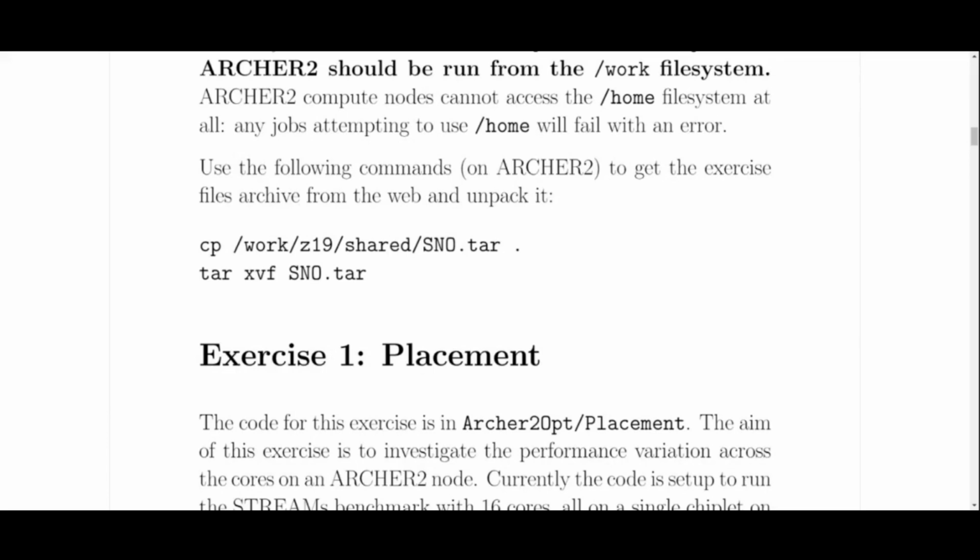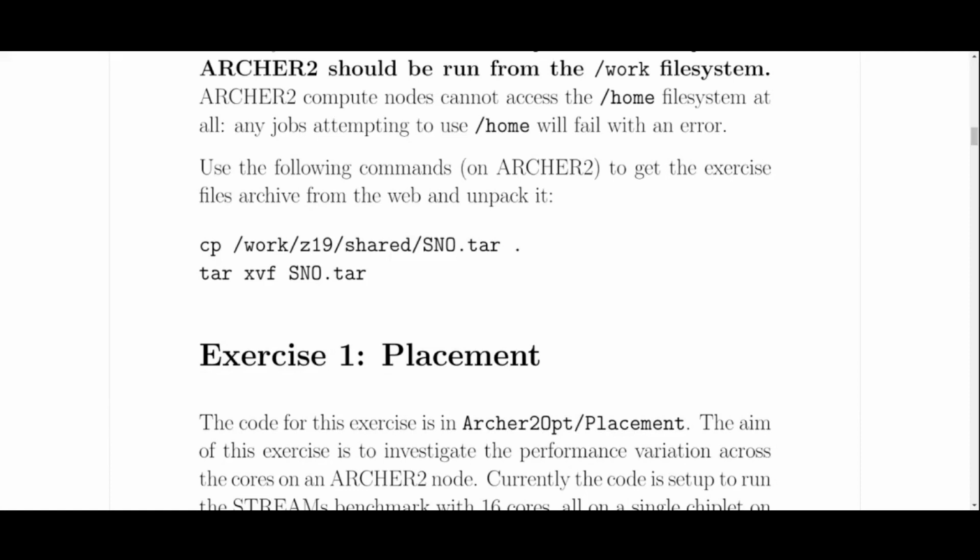So once you've logged in, you would just do cd work/TA013/TA013/username, of course replacing username here with your actual account name that you're using on the system, and then run this command, cp, from /work/z19/shared/SNO.tar, and then unpack it by using tar x SNO.tar.